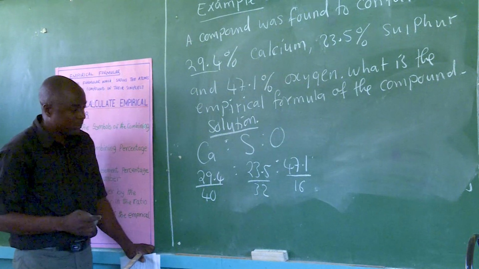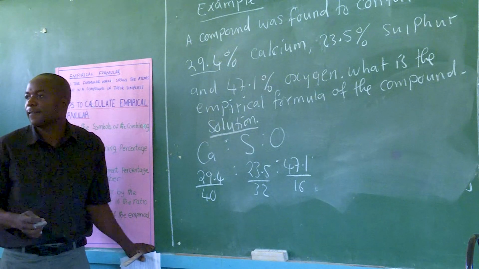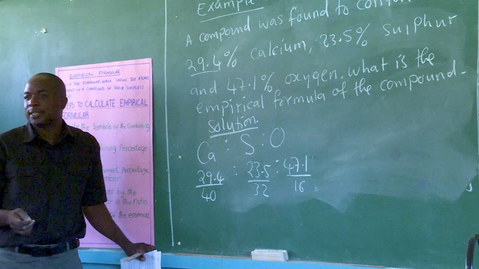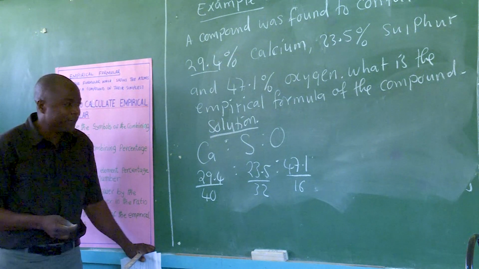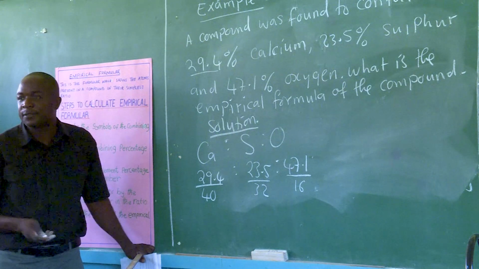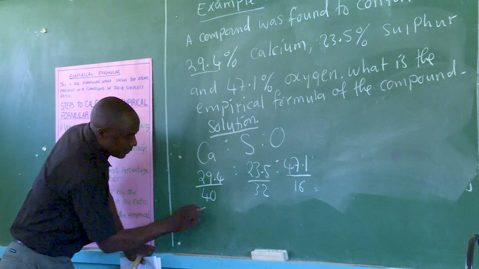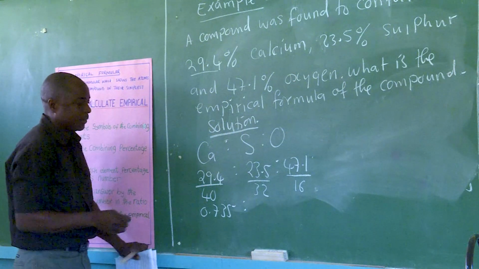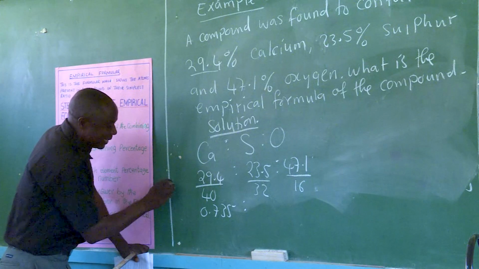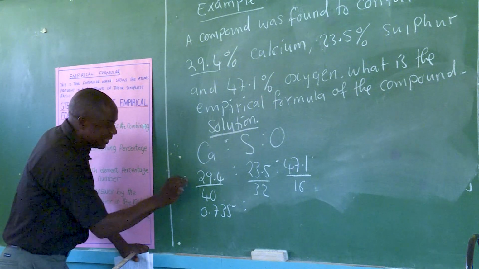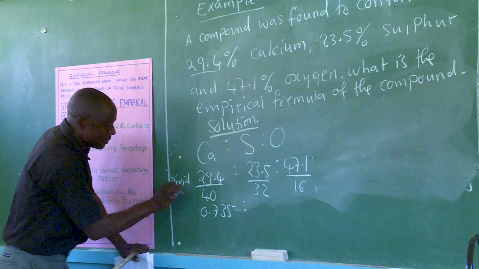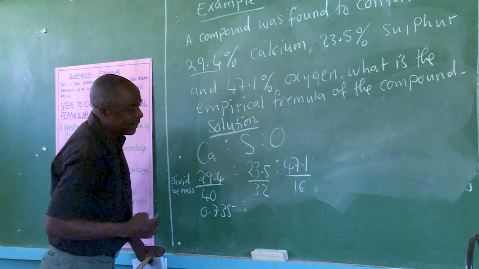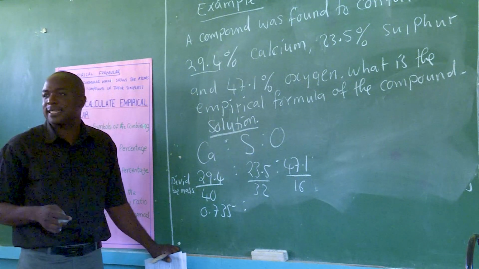We divide 29.4 by 40. Units? 0.735. So here you are dividing by mass, okay? Then 23.5 divided by 32.